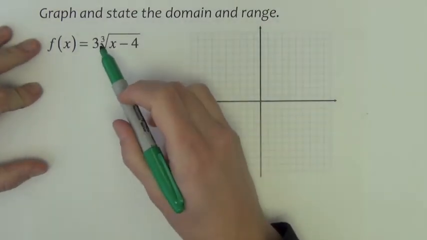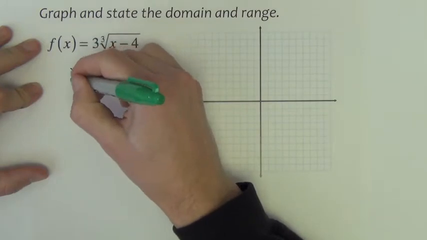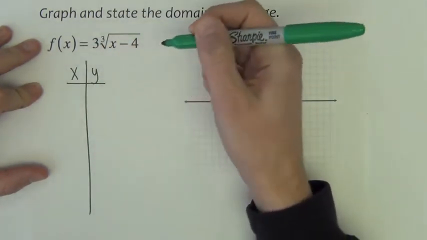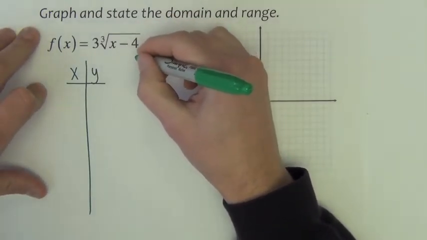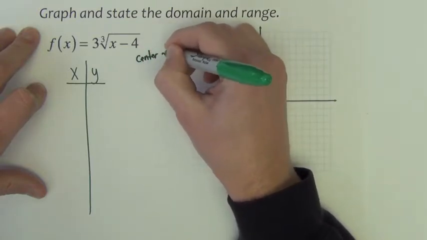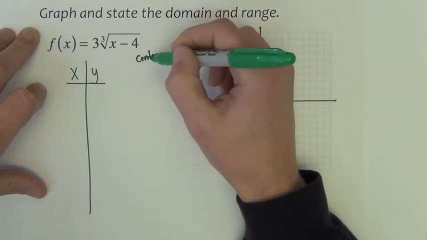With a cube root function, I'm going to do similar to what I did with the square root function. I'm going to make a table of values. Unlike the last one where I tried to find the smallest x value, here I kind of find maybe the center x value. I don't know, maybe that's a decent way to say it.